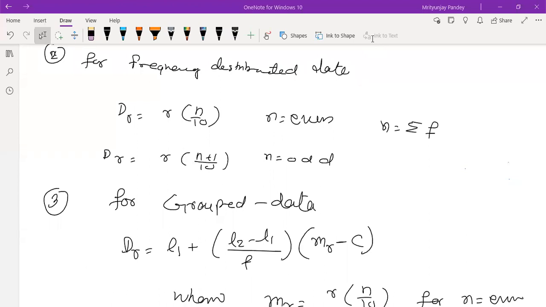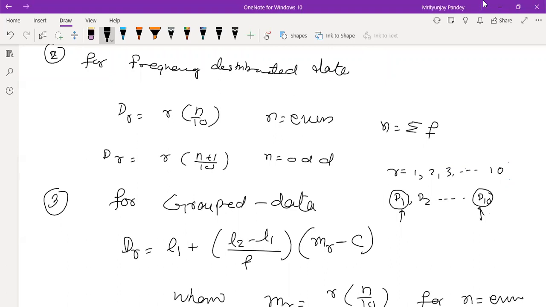Here r varies from 1 to 10, that is 1, 2, 3, dot dot 10. That is, the first decile is D1, the second is D2, and the last decile is D10. This is the lower decile and this is the upper decile.